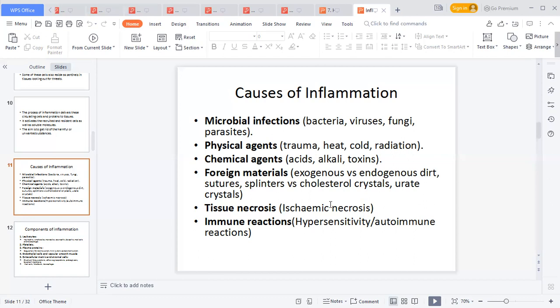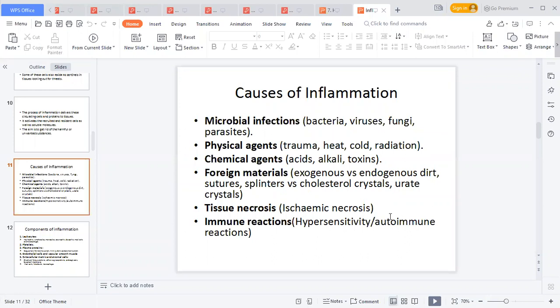White blood cells are recruited to the injury, where they carry out phagocytosis and kill the microbial agents. So tissue necrosis is also one of the causes.